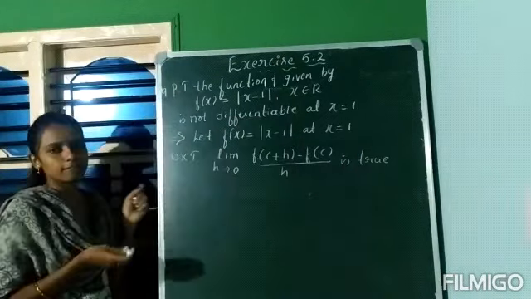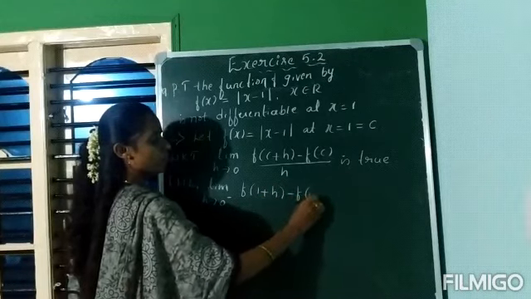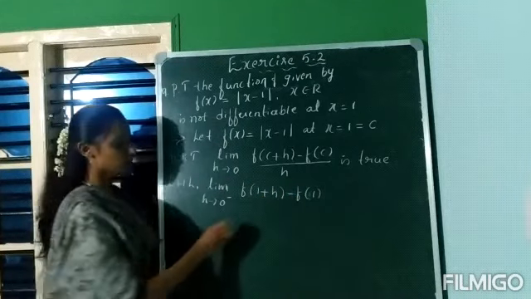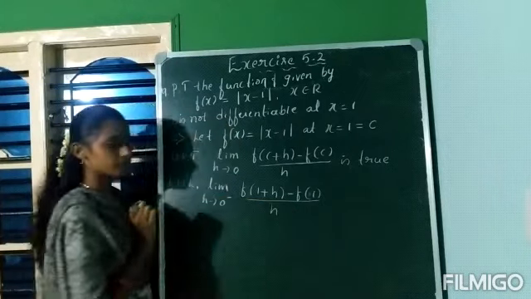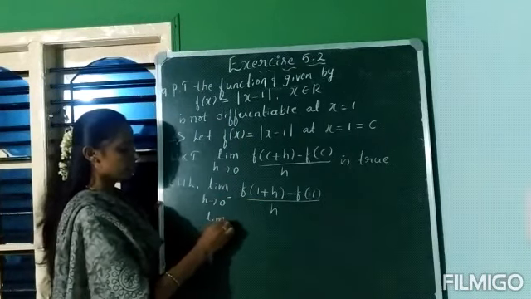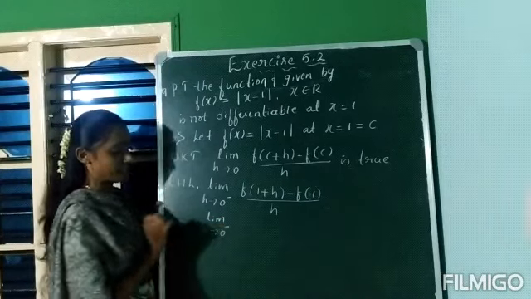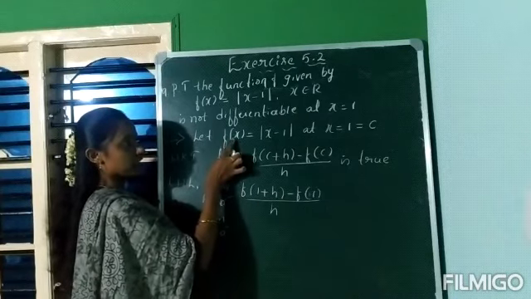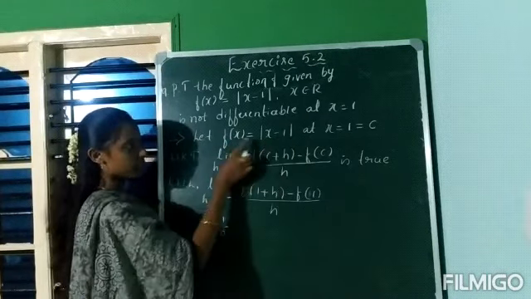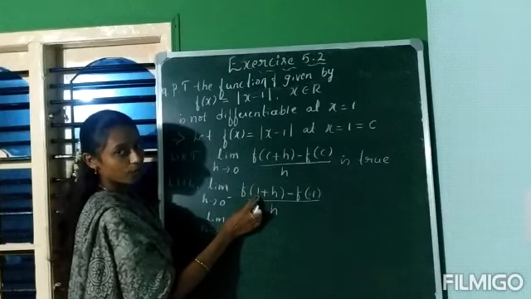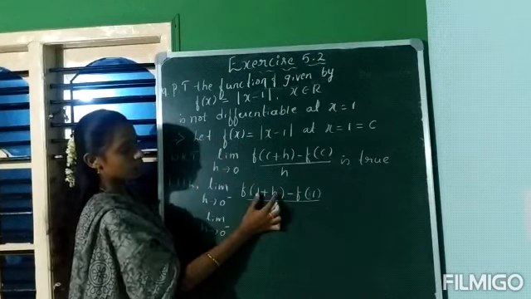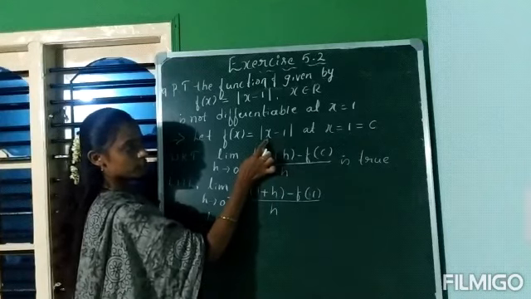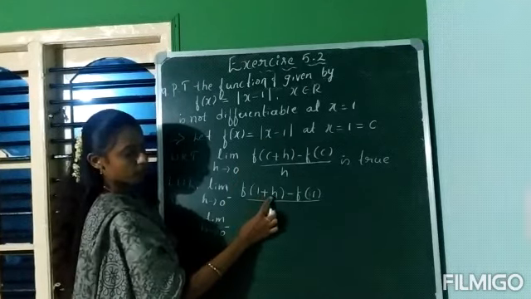So c is 1, and we have f of 1 plus h minus f of 1, divided by h. The function is f of x equals modulus x minus 1, so in the place of x we have 1 plus h.